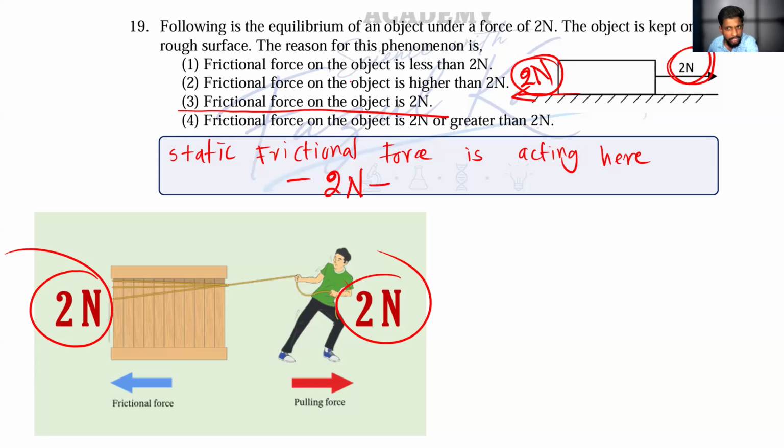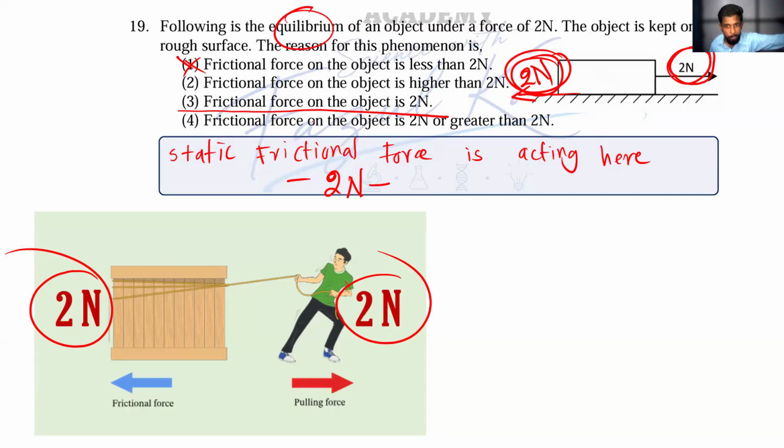Frictional force on the object is less than 2? No, that is wrong. Fourth one, right. Here they have clearly mentioned the object is at rest. So definitely the frictional force will be 2 Newton. No doubt, because they have clearly mentioned the object is at rest, in equilibrium.